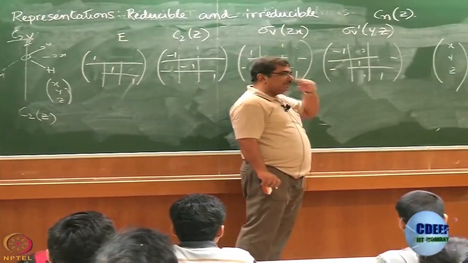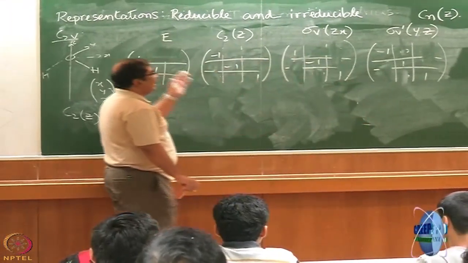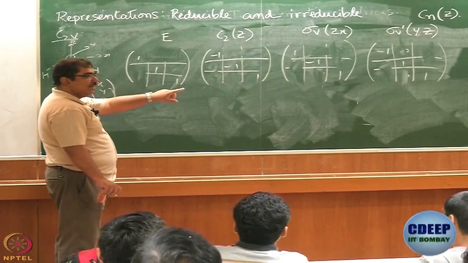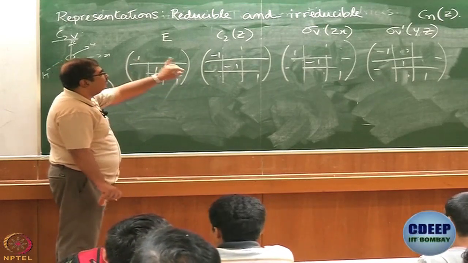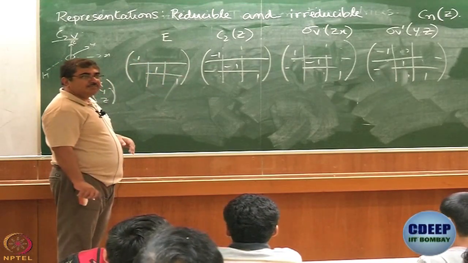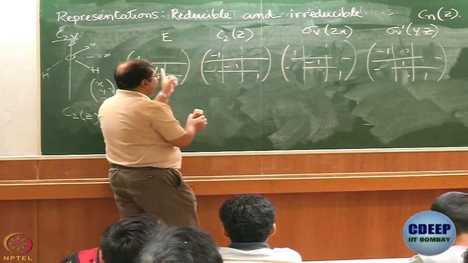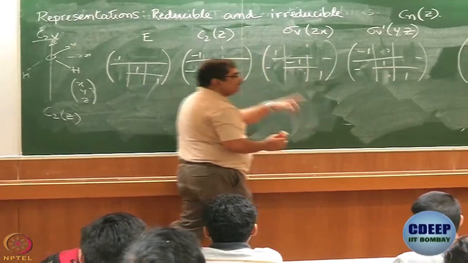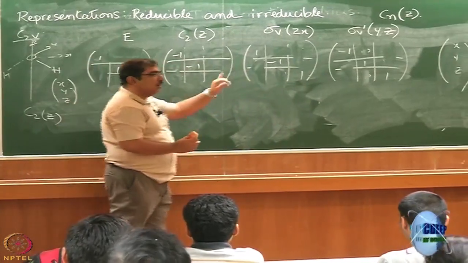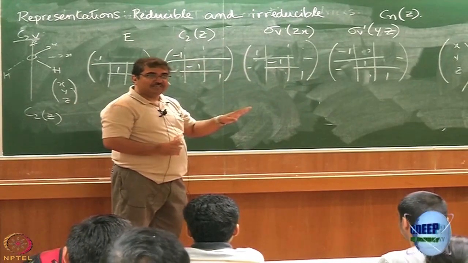Instead of saying it in English, for x, I have the combination 1, minus 1, 1, minus 1. For y, it is 1, minus 1, minus 1, 1: symmetric, antisymmetric, antisymmetric, symmetric. For z, it is 1, 1, 1, 1. Symmetric all the way.